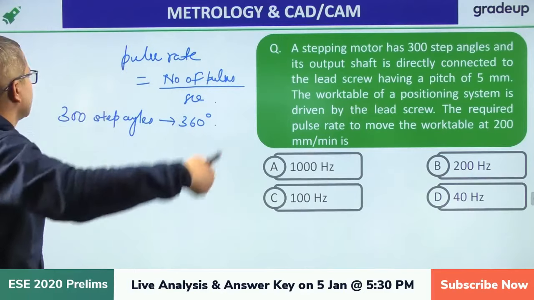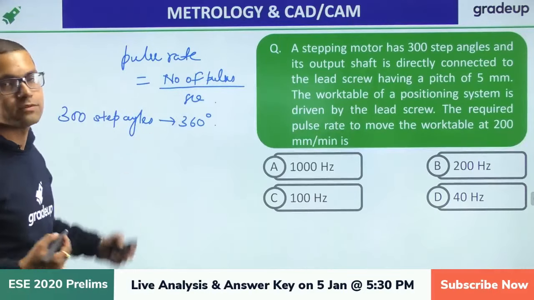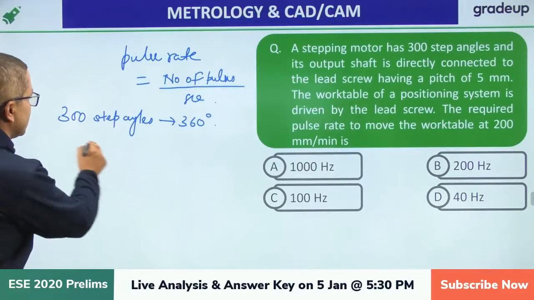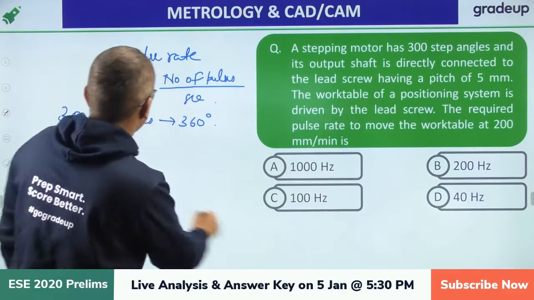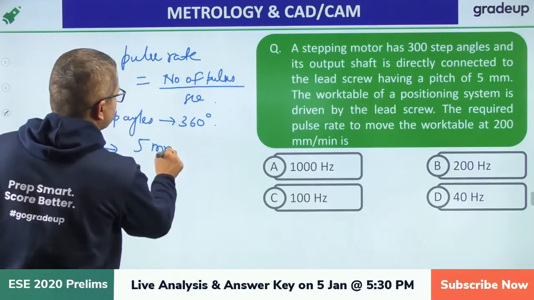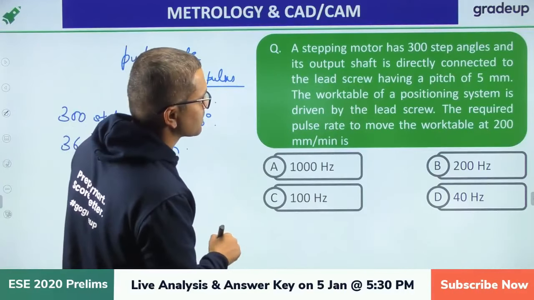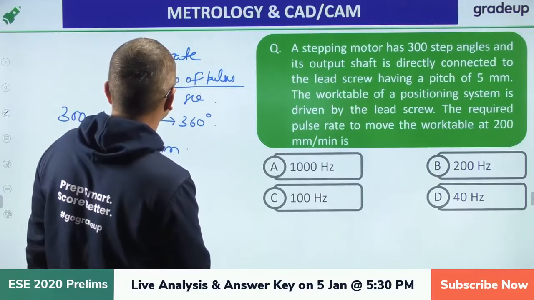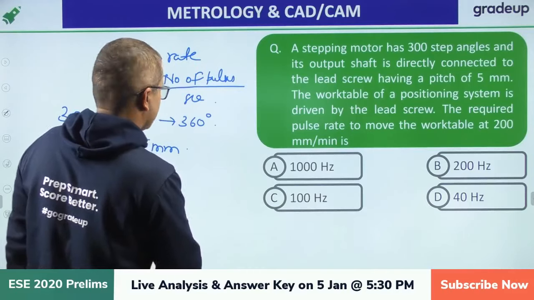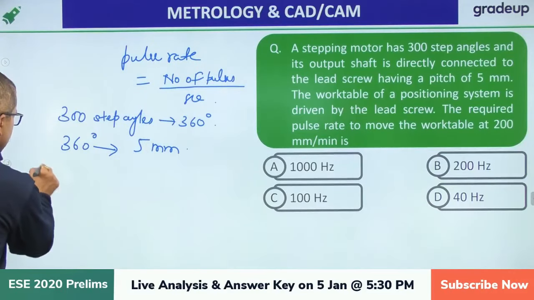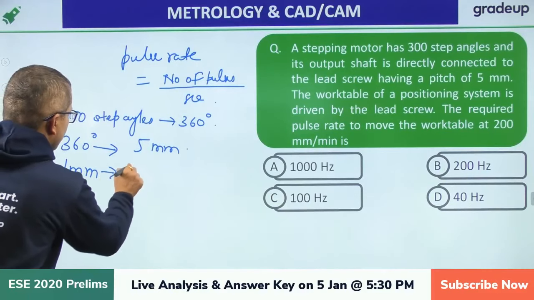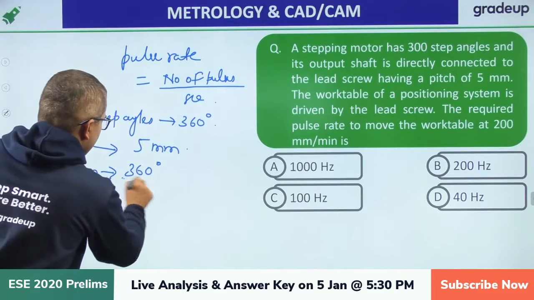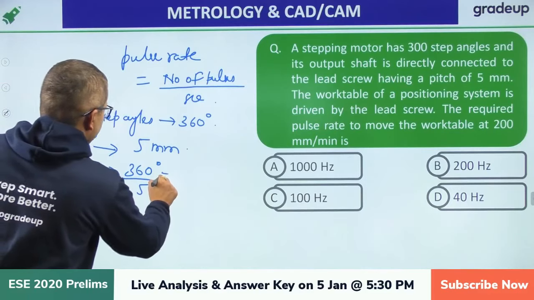So there are 300 step angles that correspond to 360 degrees, and 360 degrees further corresponds to a pitch of 5 mm. Right? Yes. So this means 1 mm corresponds to 360 degrees upon 5.